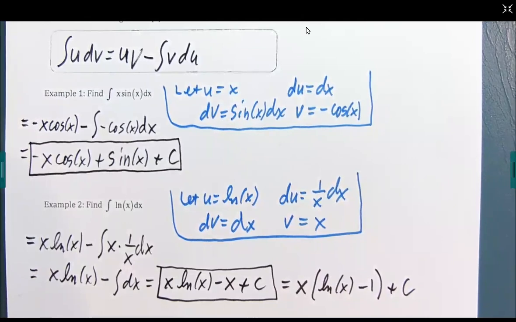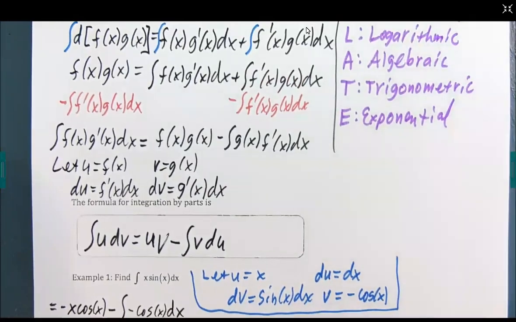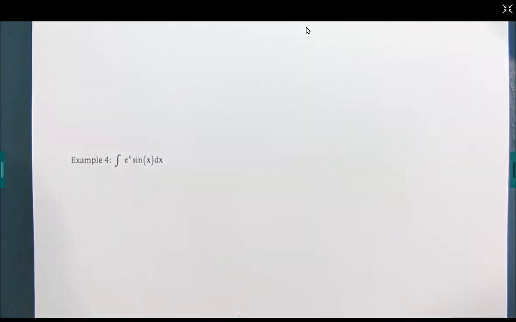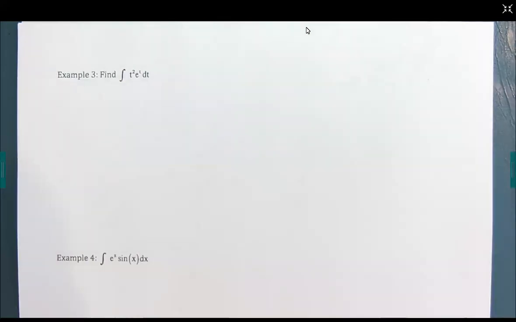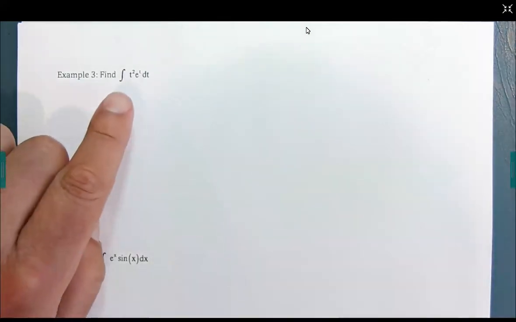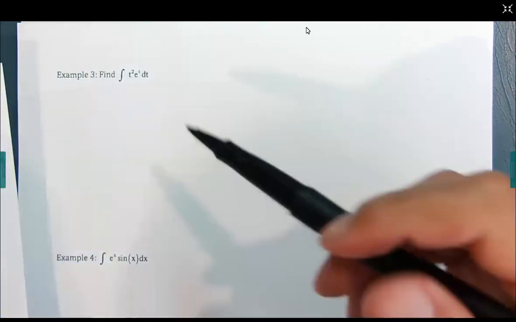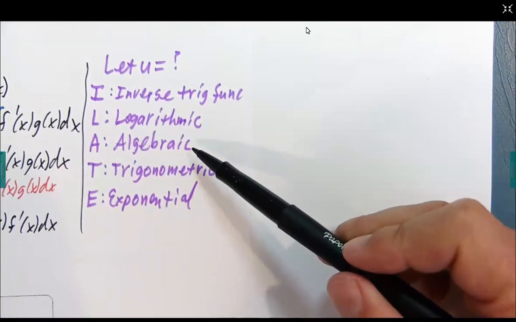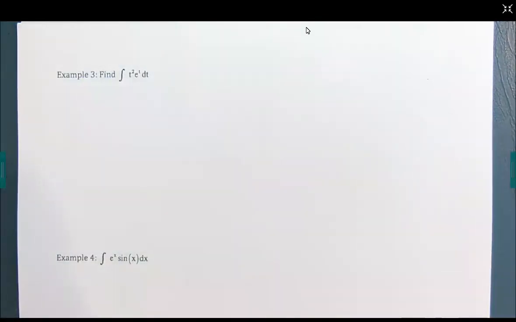All right. Let's move on to a little bit more of an extreme version. Example 3. Now, you'll notice once again, if we look at our sheet, the polynomial or the algebraic are going to come before the exponential. So our u is going to be the t squared.